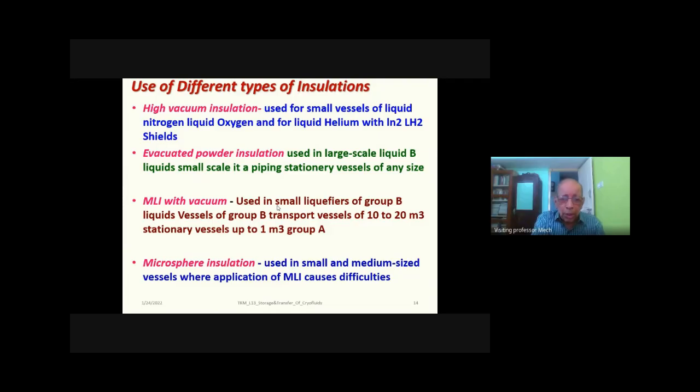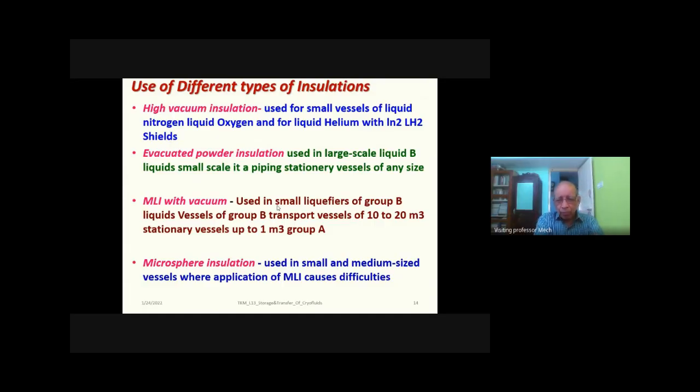Now let's look at the different types of insulation. High vacuum insulation is used for small vessels of liquid nitrogen, liquid oxygen, and for liquid helium with the LN2 and LH2 shields. Coming to evacuated powder insulation, it is used in large scale group B liquids and small scale group B liquids, in piping, and stationary vessels of any size.